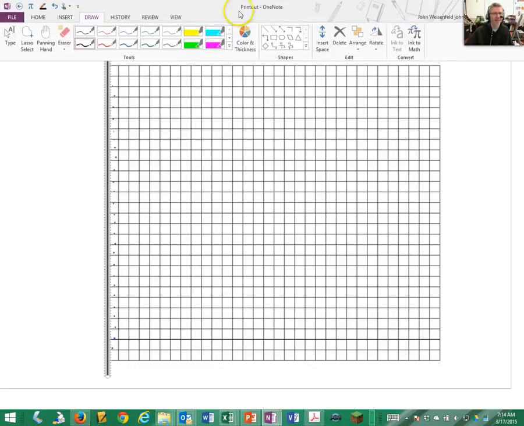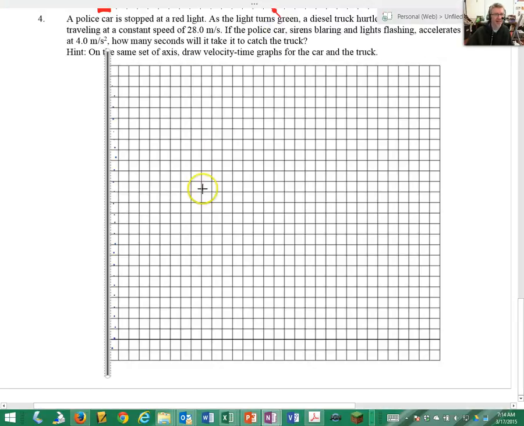That's my velocity axis, and this is my time axis. All right, so they want us to draw a velocity versus time graph.